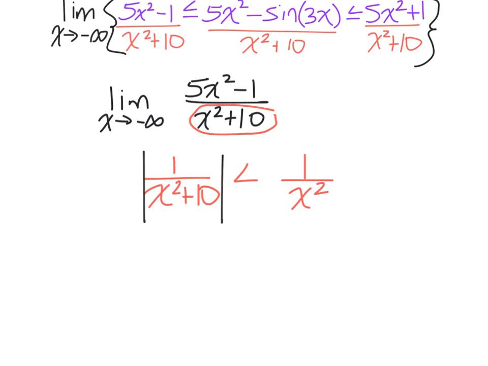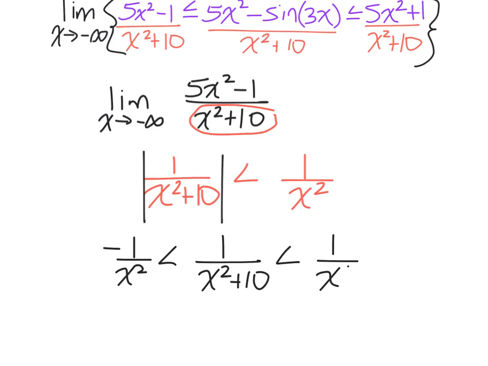In between those two would be this algebraic function, well, if it were written as a function. Then we'd multiply through with the 5x squared minus 1.